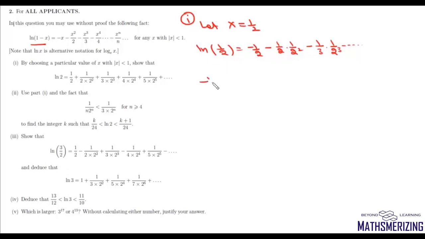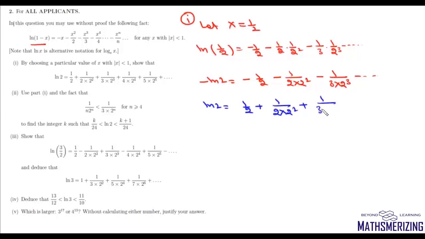So it'll be minus ln 2, and that will be equal to minus 1 by 2 minus 1 upon 2 into 2 square minus 1 upon 3 into 2 cube, so on and so forth. Now we'll cancel this minus sign. We'll simply get log 2 equals 1 by 2 plus 1 by 2 into 2 square plus 1 by 3 into 2 cube, which is what we need to prove in this first part.